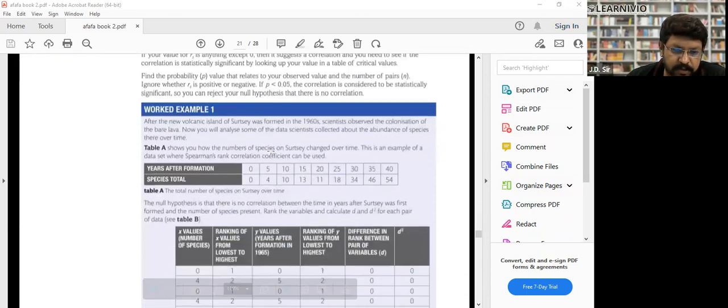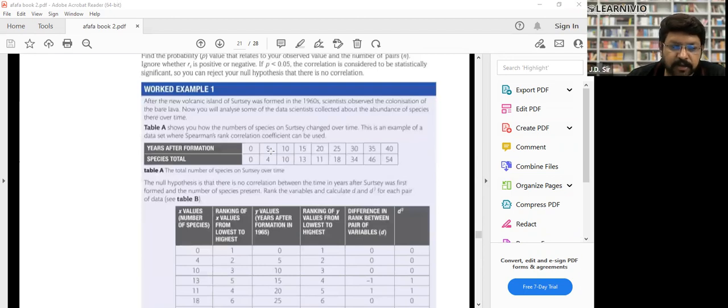After the new volcanic island of Surtsey was formed in 1960, scientists observed the colonization of the bare lava. Now you will analyze some data the scientists collected about the abundance of species there over time.